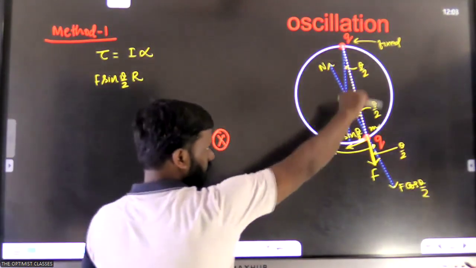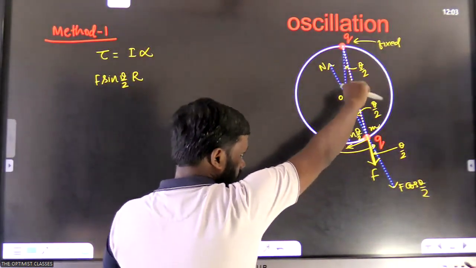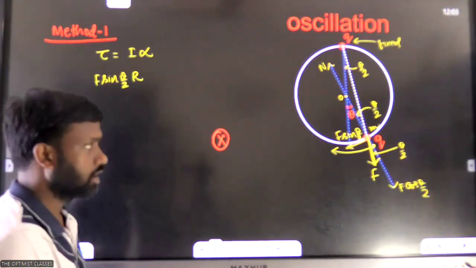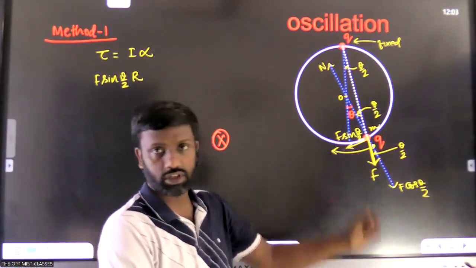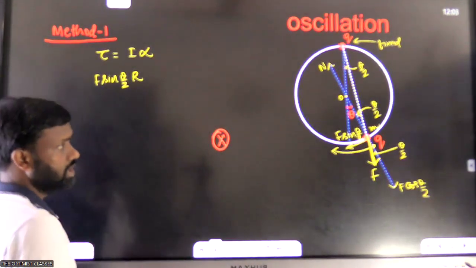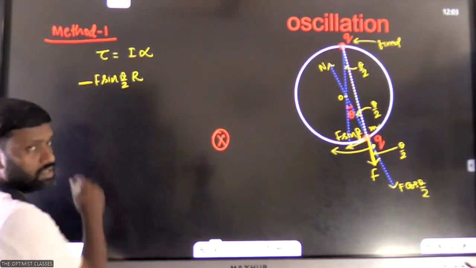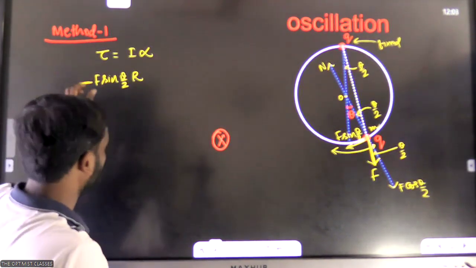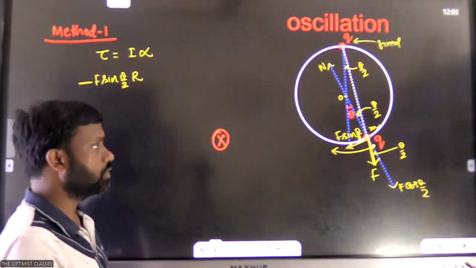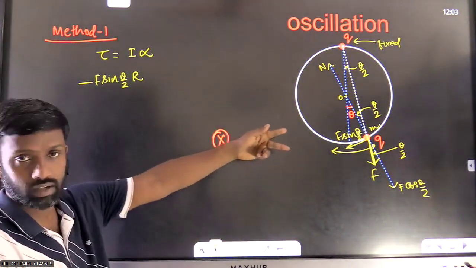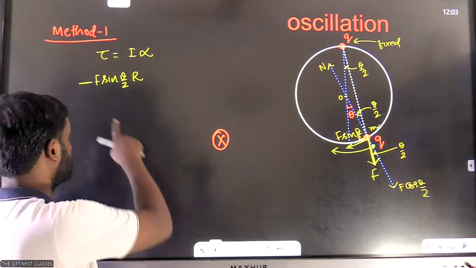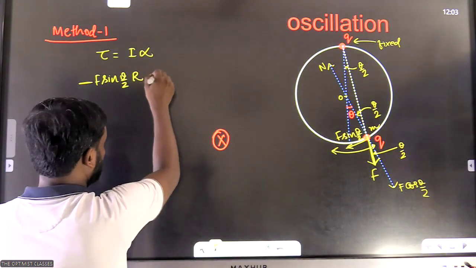We have displaced it anti-clockwise, and it is trying to bring it back to its equilibrium position. So we put a negative sign here, since the directions of torque and angular displacement are opposite.